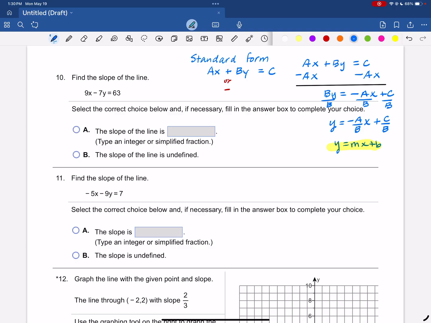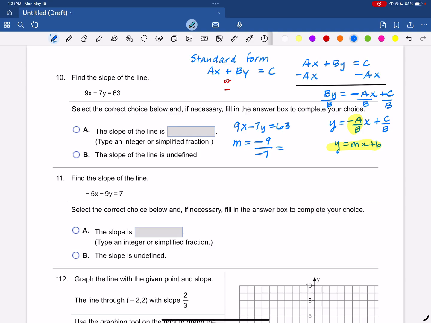So if I solve this one for y, 9x minus 7y equals 63, I would go through this exact same process. Or I could say, hey, this is in standard form, and my slope is the opposite of a over b. So my slope is the opposite of 9, which is negative 9, and b is negative 7.